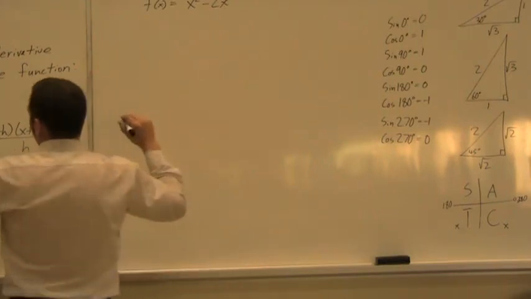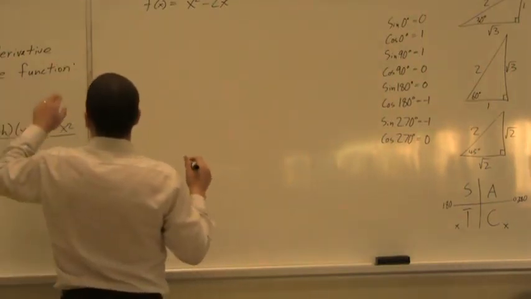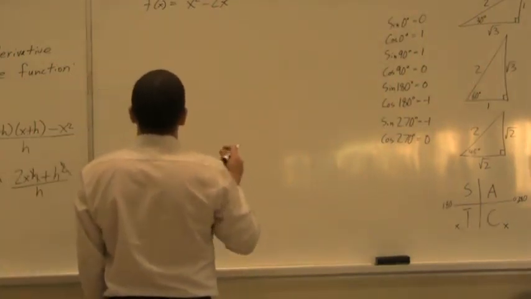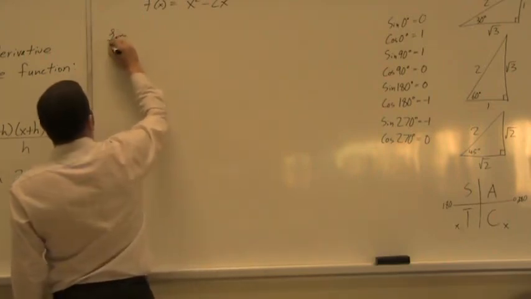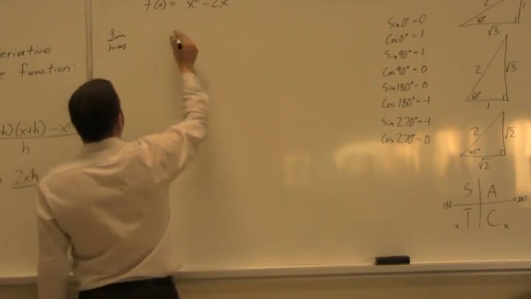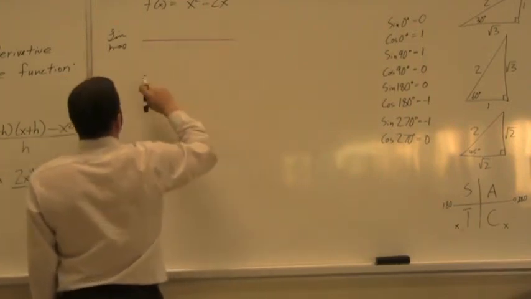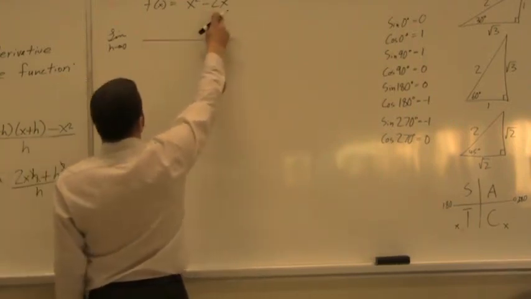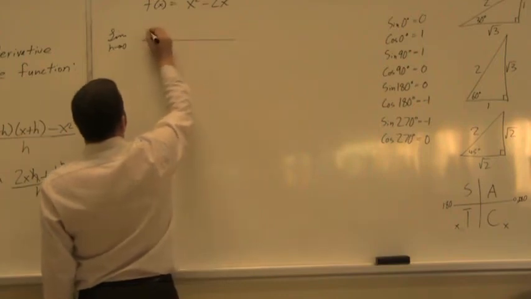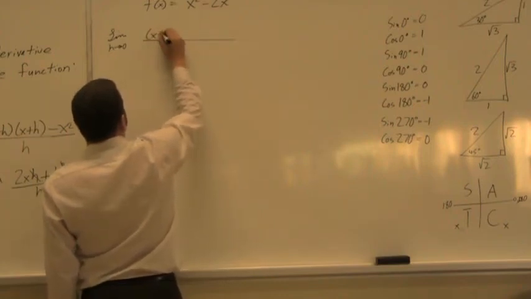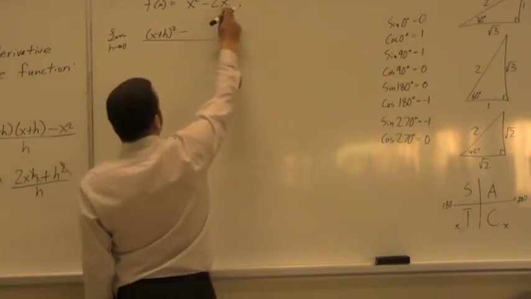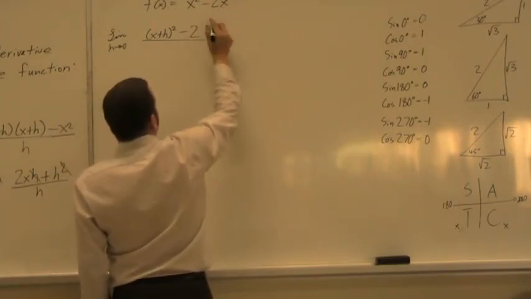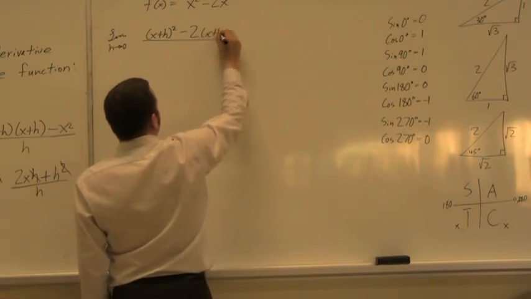And the definition, again from the other board, has f of x plus h, and so the limit as h goes to 0, subbing in x plus h in my function any place I see x. So I have an x here, so I sub in x plus h, becomes squared, minus 2 times, I see an x here, so I sub in x plus h.